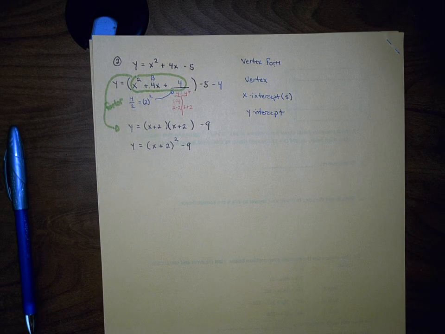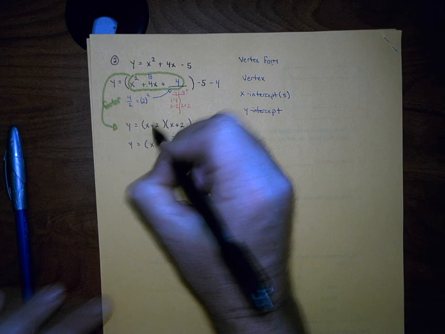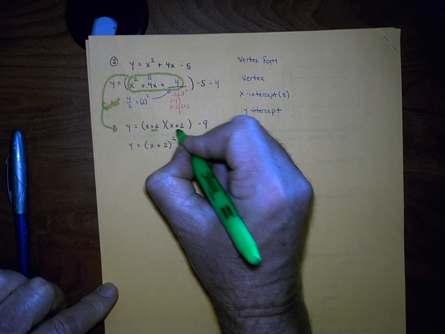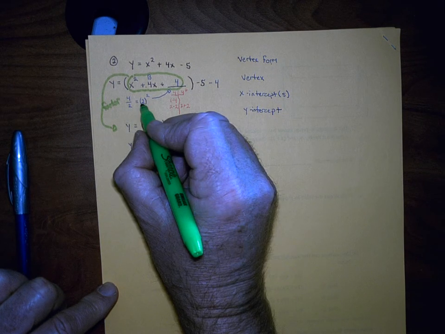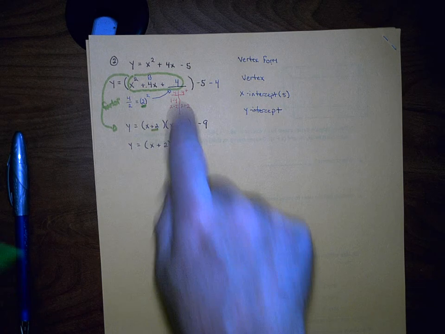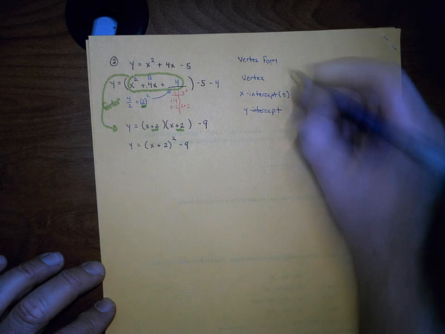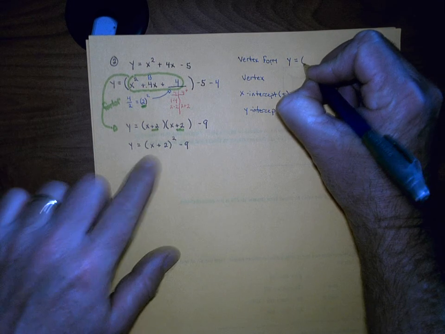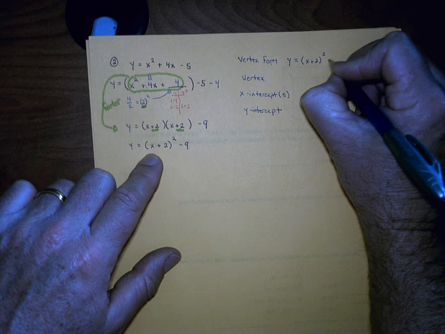And if you notice, the shortcut is these 2 numbers right here are always the same when we do that complete the square method, and those 2 numbers are whatever that is right there. Okay, so that's a shortcut, so you could avoid having to do all the t-chart and stuff like that. So my vertex form is y is equal to quantity x plus 2 to the second power minus 9.